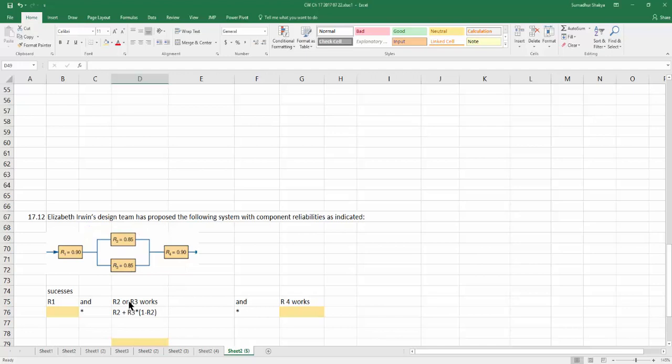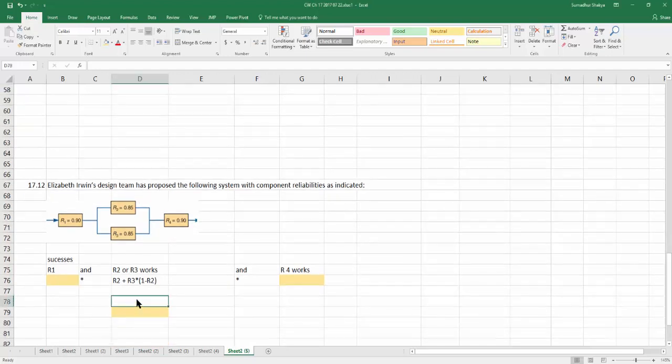So let's see. At this point, you can either say R2 or R3 works. Let me write them down where I can use their values here. So 0.90, and this one is 0.85, and they're actually both the same, huh?